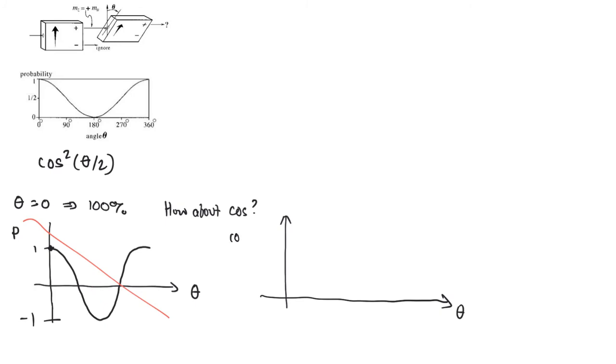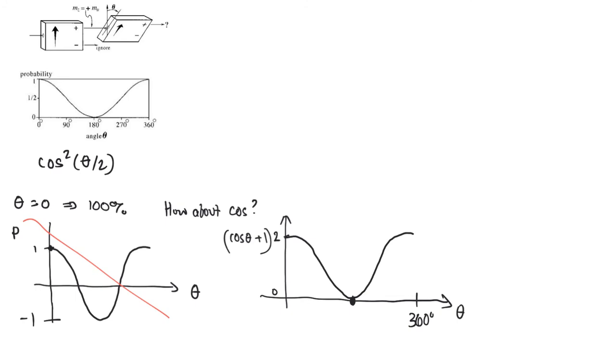So if I plot cosine of theta plus 1, then where I used to be at -1, I'm now going to be at 0. The problem, though, is that where I was at 1, I'm now going to be at 2. And my function is a vertically shifted cosine that goes from 0 all the way up to 2. Okay, so that's no good because I can't have a probability bigger than 1 or 100%.